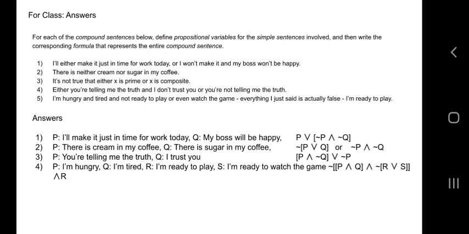So in his case, it really is an exclusive or. If you say you can take Spanish or French, then it really means one or the other, but not both. However, in mathematics and in symbolic logic, the or is often assumed to be inclusive, meaning that both options are allowed.